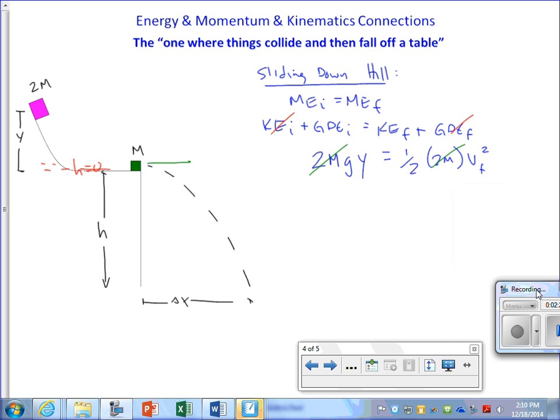And we can figure out that this thing at the bottom of that first ramp has a speed of radical 2gy. Yeah? So that is when it's right here, moving towards this other one. There's 2m moving towards m at that speed.